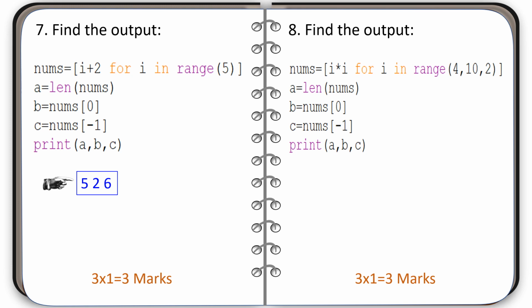Question number 8. Find the output of the given code. Again, we are using list comprehension to create the list. And the output is this one, 3, 16, 64.